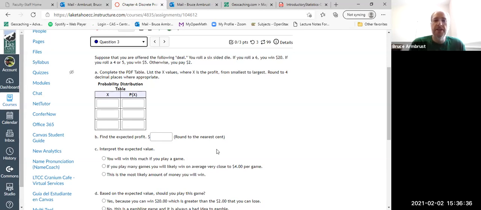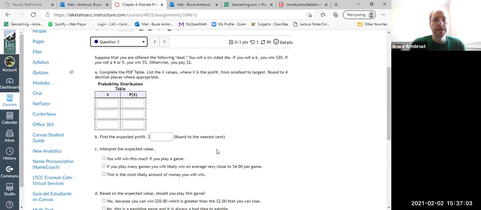If you roll a 6, you win 20 bucks. If you roll a 4 or a 5, you win $5. Otherwise, you pay $2. Okay, so we're just doing a little gambling here, this made-up game. Basically, you roll the die, the outcome tells you what happens. You either win 20 bucks, win $5, or you owe $2.